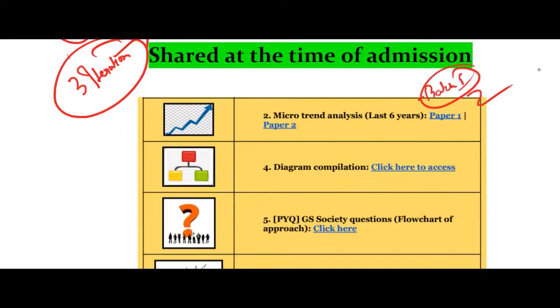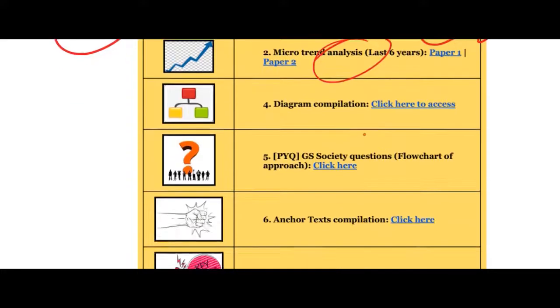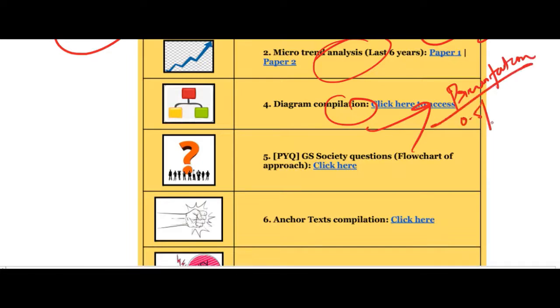The moment you enroll, you will get a micro trend analysis of sociology paper 1 and paper 2 of the last 6 years, and a compilation of diagrams, because they are important to improve the presentation and will help you score those extra 0.5 to 1 mark in every answer.